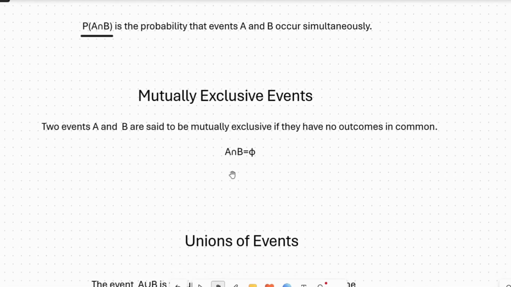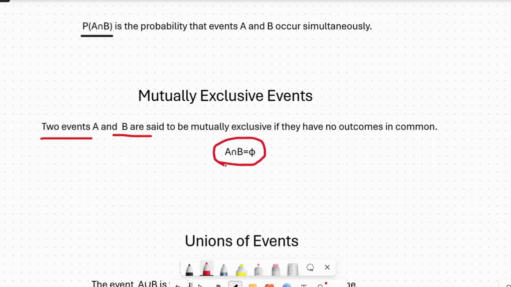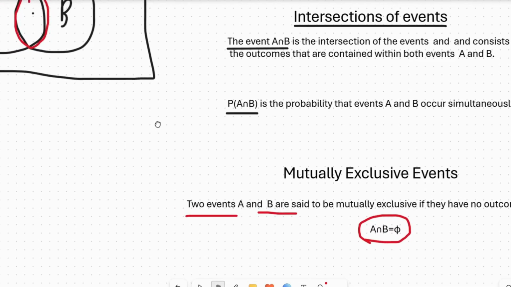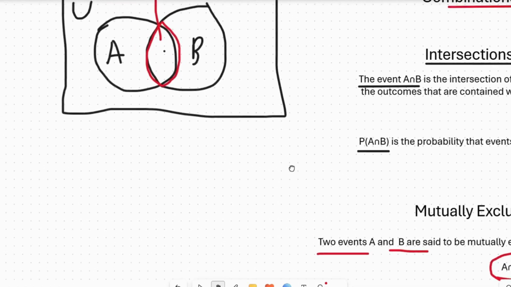Mutually exclusive events. Two events A and B are said to be mutually exclusive if they have no outcome in common. For example, here A intersection B is null. Basically, it is the opposite of the intersection event. Let's write this one.